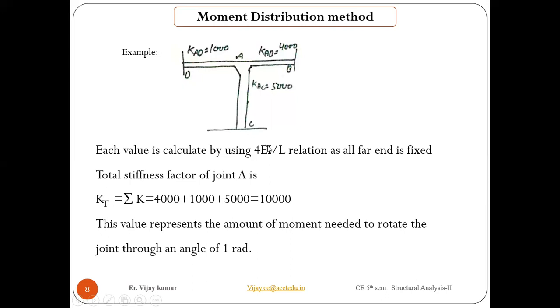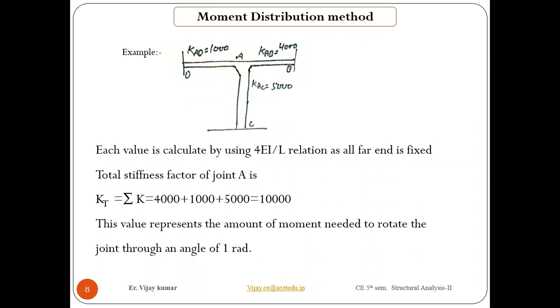These are the values. The value represents the amount of moment needed to rotate the joint through an angle. If you want to rotate joint A through an angle of 1 radian, how much stiffness factor do I require? 10,000.